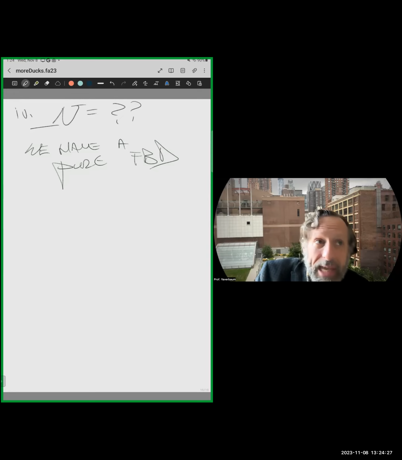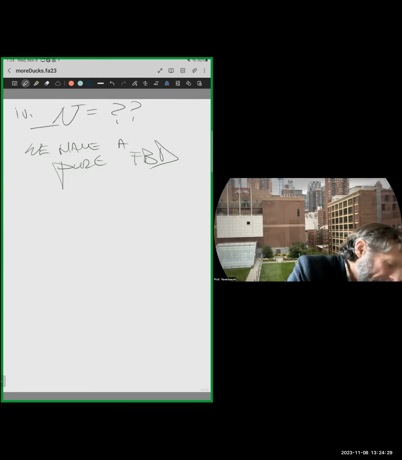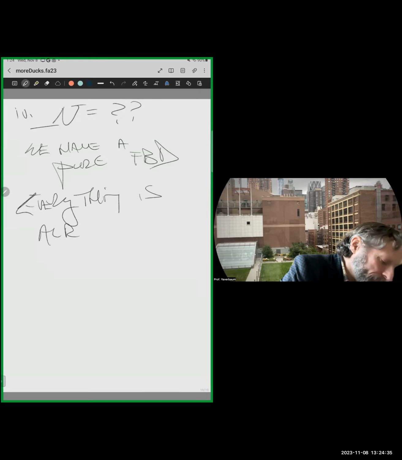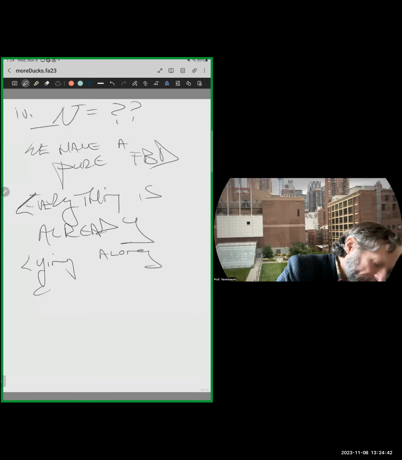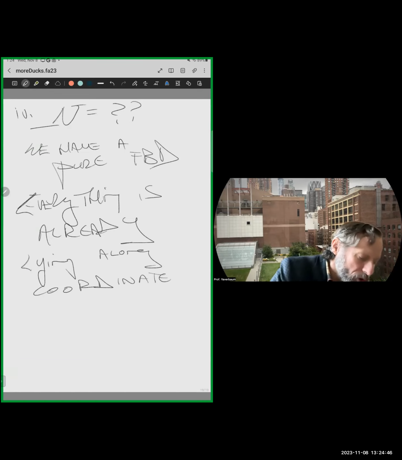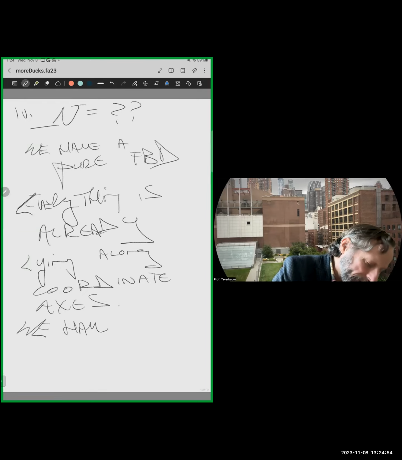Everything already is lying along coordinate axes, in this case one axis, the y-axis. So we don't have to. We have components already.